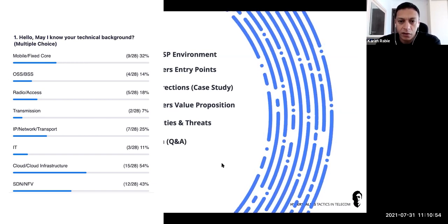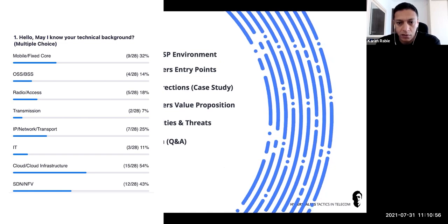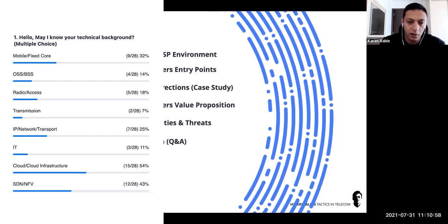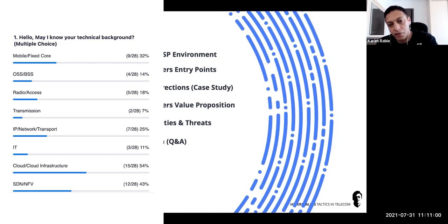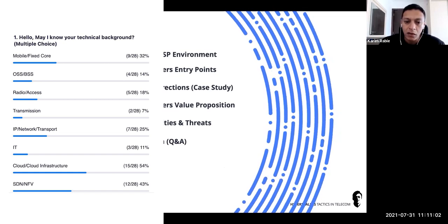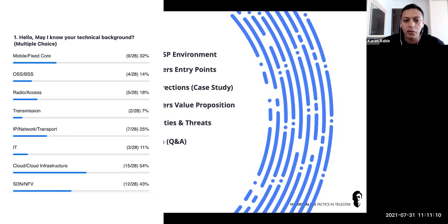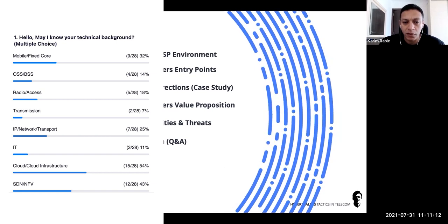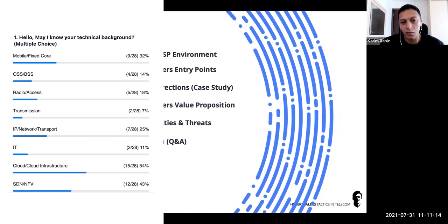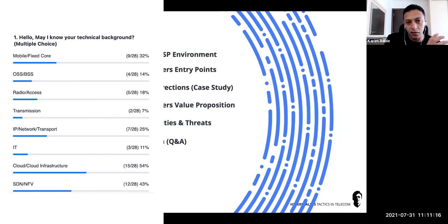Just to give you the anatomy of the attendees today: the majority are coming from cloud infrastructure, the cloud domain, SDN and NFV. We have a very good portion coming from IP network, transmission, radio access and the mobile core, which is the CSP part.